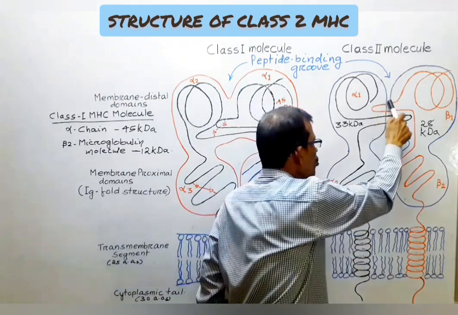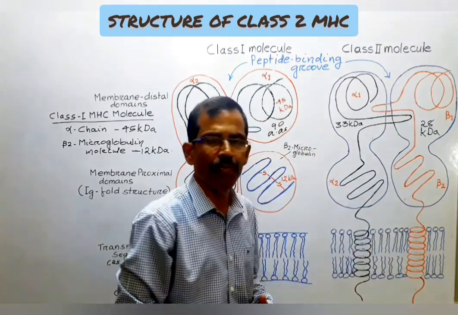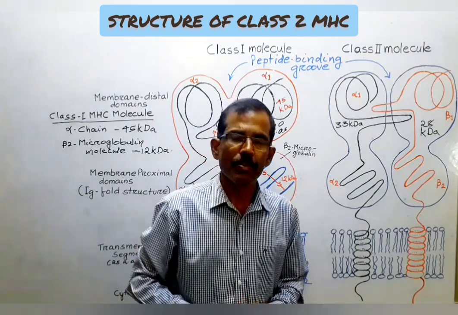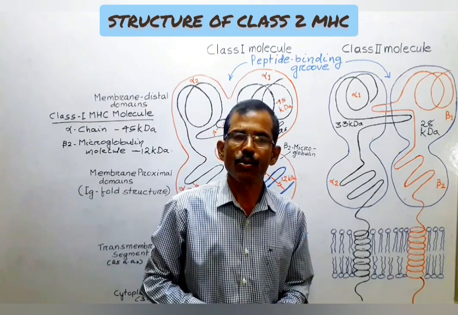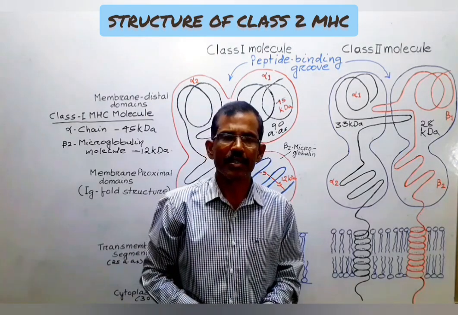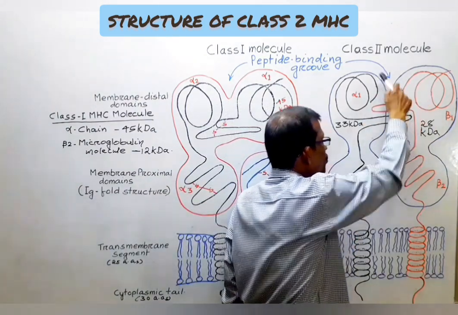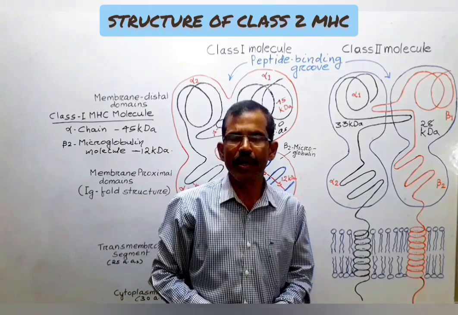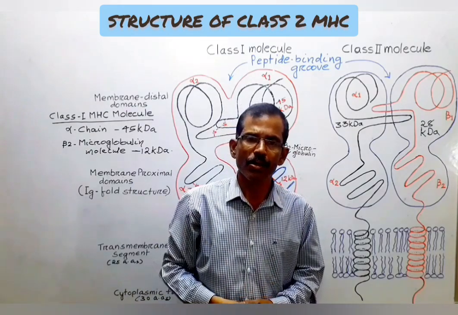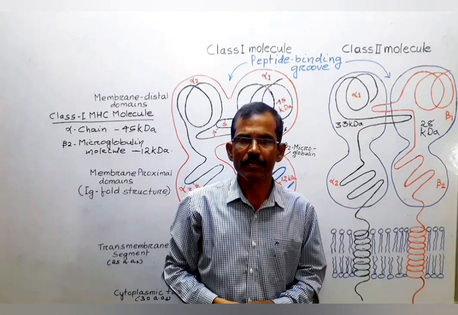This binding groove is composed of a floor of 8 antiparallel beta strands and 2 antiparallel alpha helices as sides. It is the peptide binding groove where the antigen of about 13 to 18 amino acids bind.